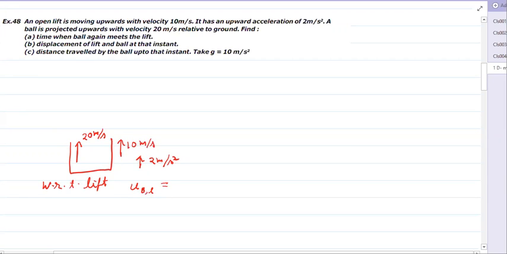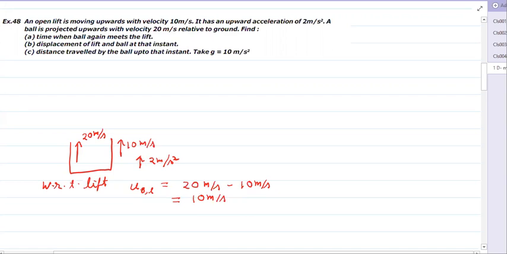That is 20 given minus 10. Lift itself is moving with 10 meter per second. So we are getting 10 meter per second. The velocity of projection is given with respect to ground, so we subtract the lift velocity, and we get relative velocity with respect to lift.